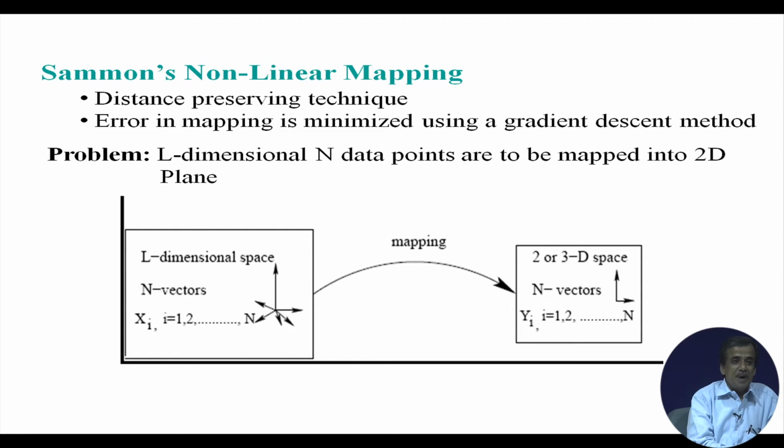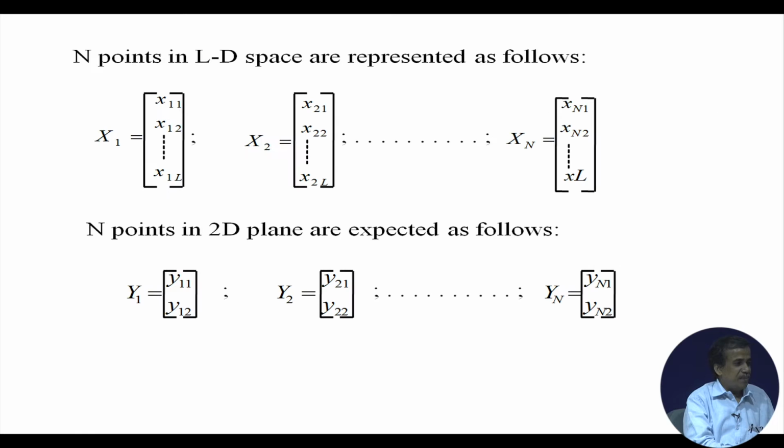If y is a function of x 1 and x 2, that is in 3 dimension. So, here y is a function of x only, so this is in 2 dimension. Our aim is to do the mapping from higher dimensional space to 2D. Now, let us see how to do this mapping.